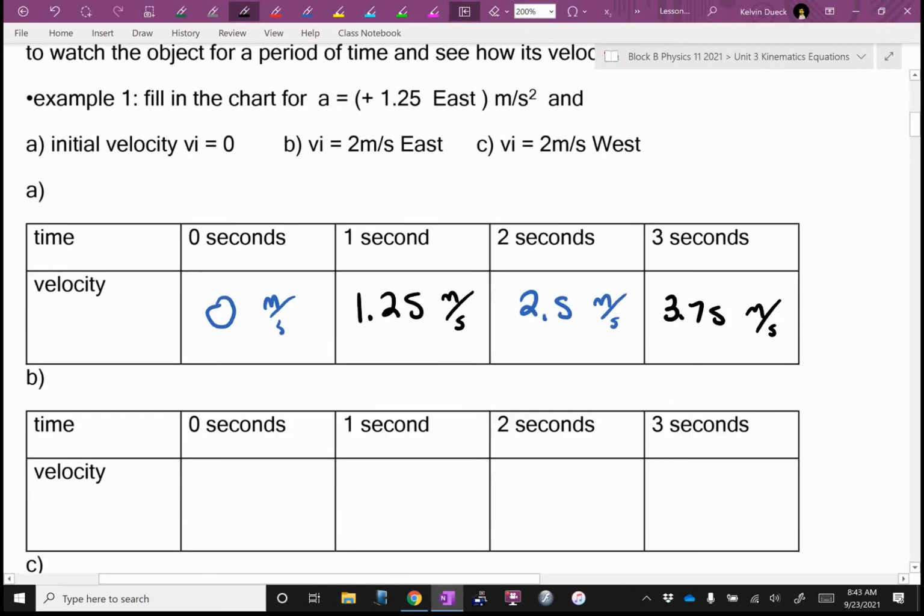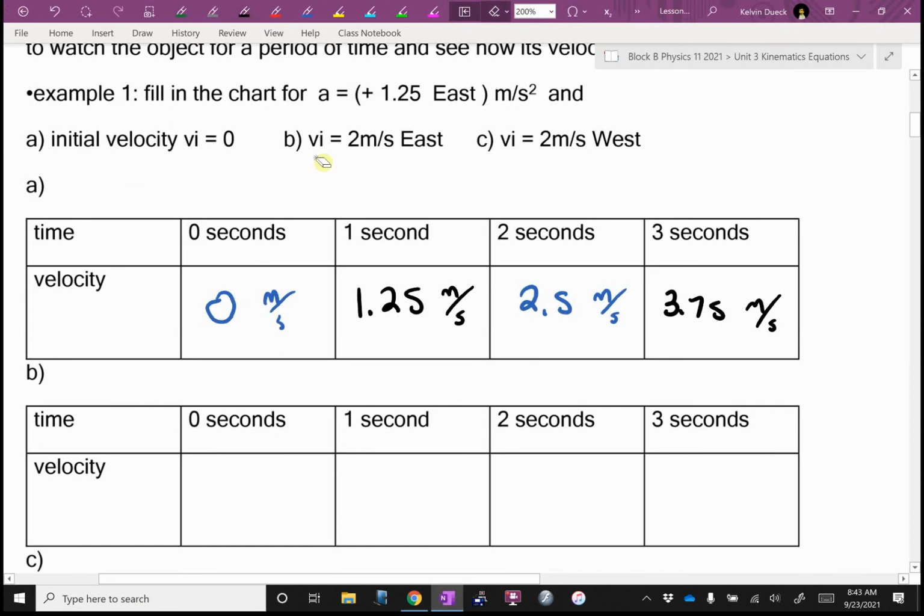Second situation. Our initial velocity, VI, is 2 meters per second east. What's an easier way to write east? I'm going to call it positive 2. Okay? So we're going to start off at positive 2 meters per second, and our speed is changing by 1.25 meters per second every second in the positive direction.